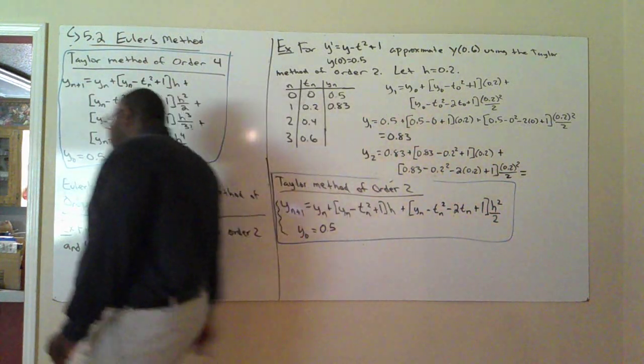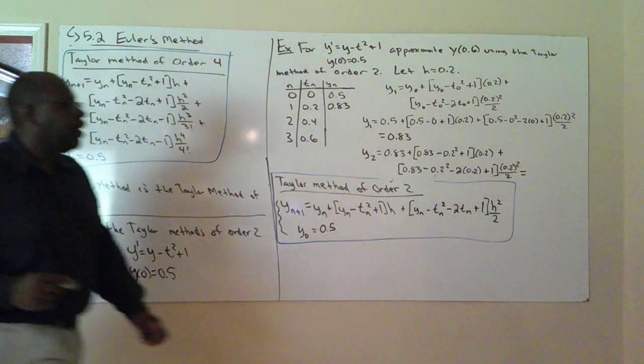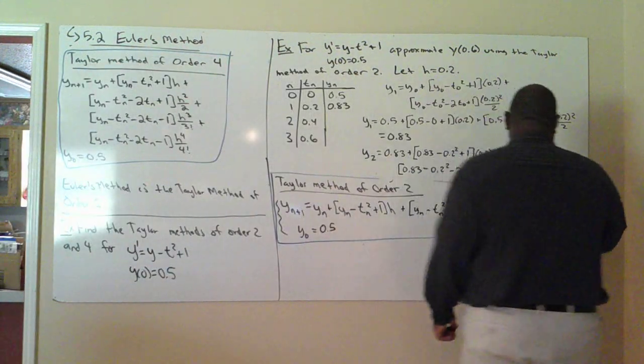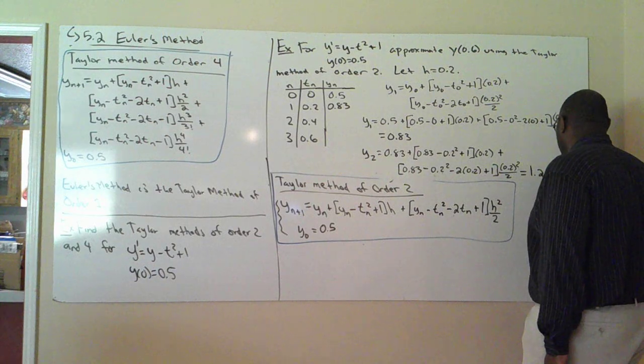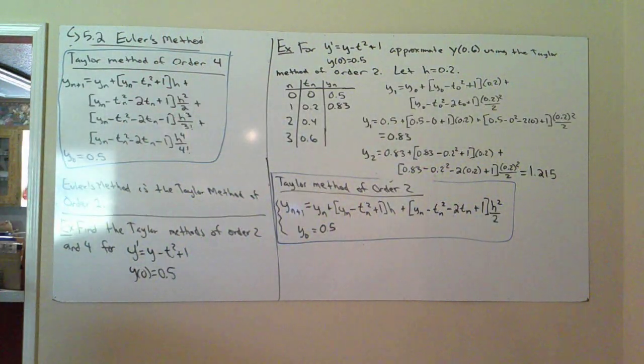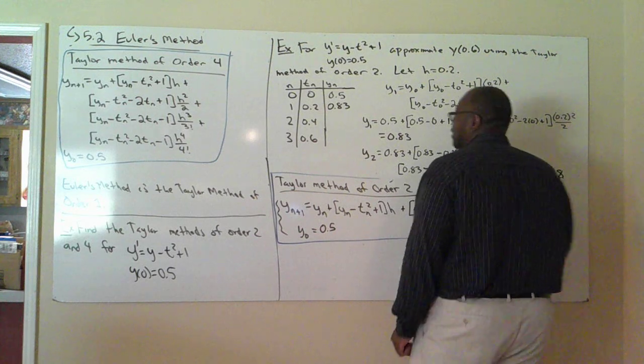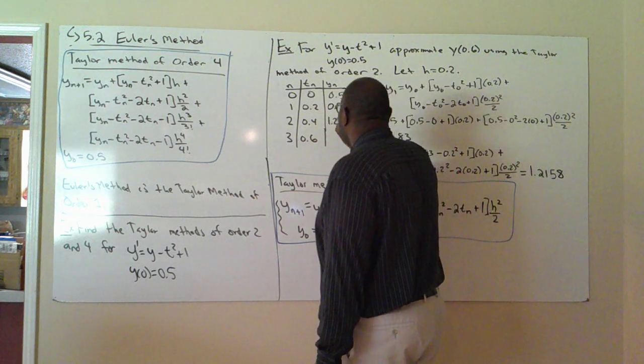And if you do that one, what do you get? They have 1.2158. I'll give them as many decimal places as they have: 1.2158.